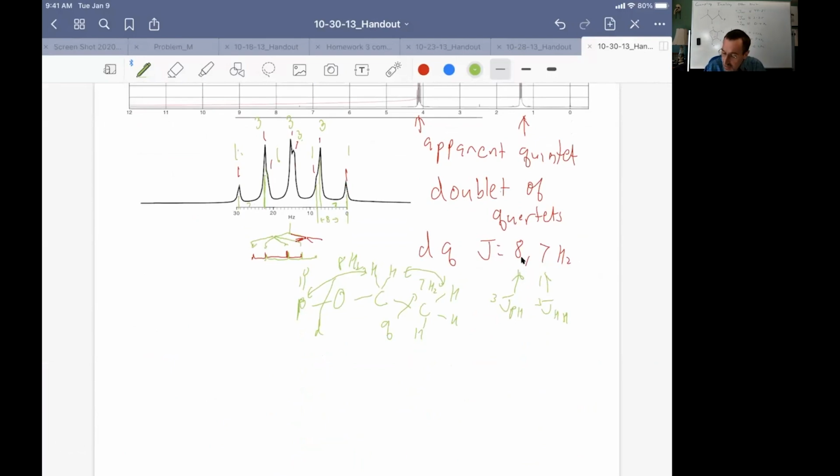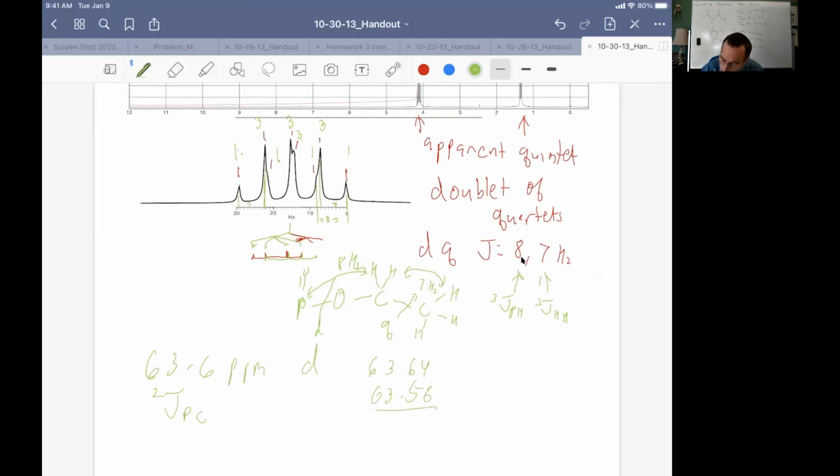So the line at 63.6 is a doublet, and our J is a J2 PC. And if I want to calculate that J, it's 63.64 minus 63.56.